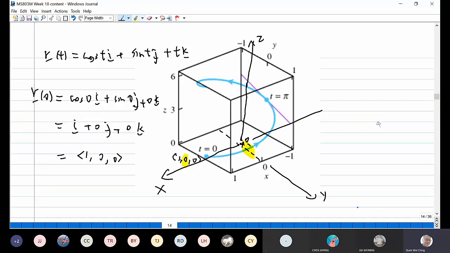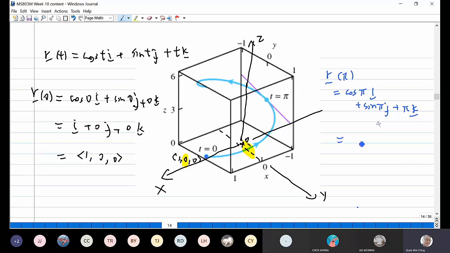Okay, that's why you got this point here. How about when t equals pi? So this will be cosine pi i plus sine pi j plus pi k.